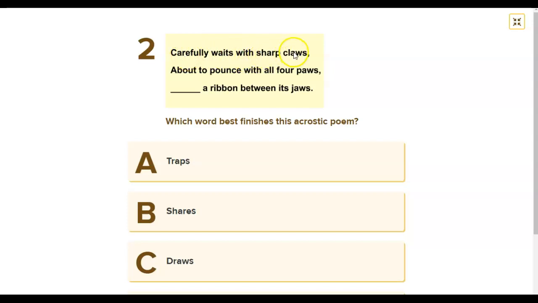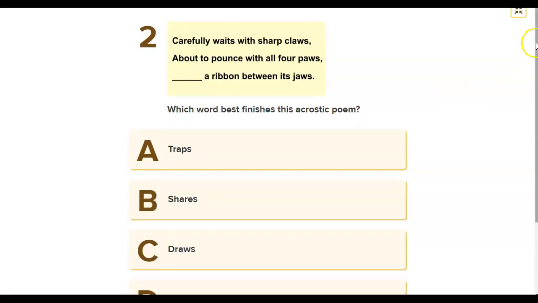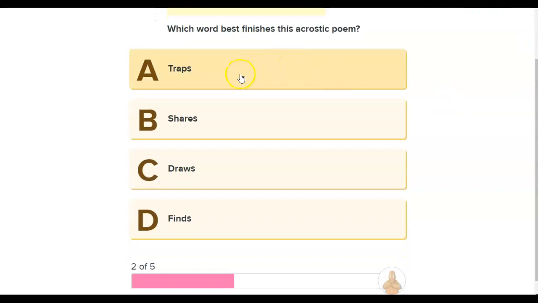Carefully waits with sharp claws, about to pounce with all 4 paws, blank a ribbon between its jaws. Which word best finishes this acrostic poem? Traps. Shares. Draws. Finds.